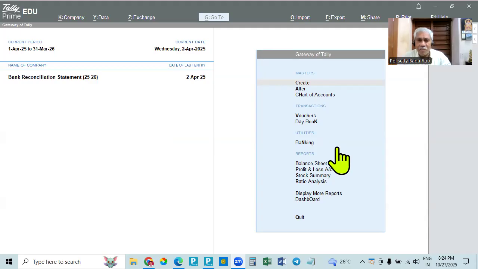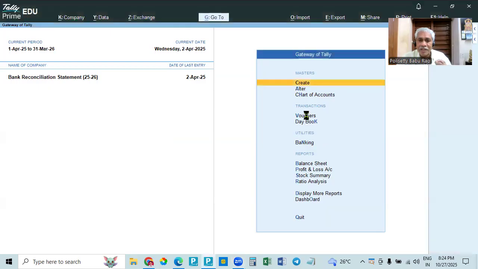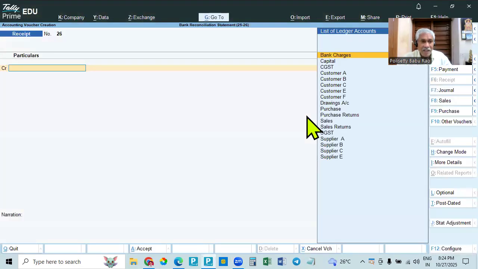That is why, when making a receipt entry, we credit the party from whom we are receiving, and we debit the cash if we receive cash, or we debit the bank account.